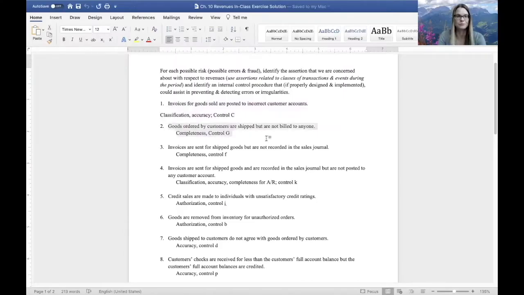Number 2. Okay, so the risk here is that goods ordered by customers are shipped but are not billed to anyone.